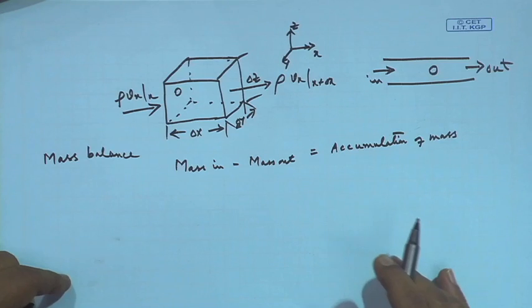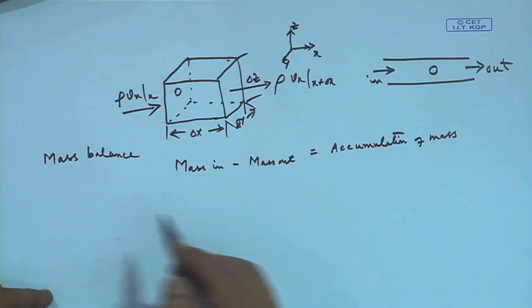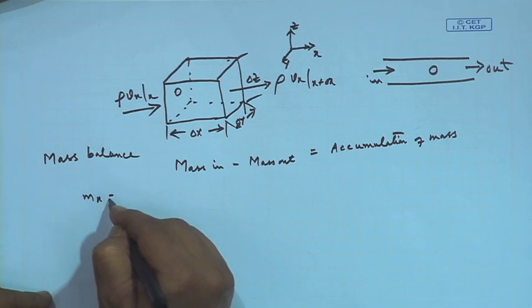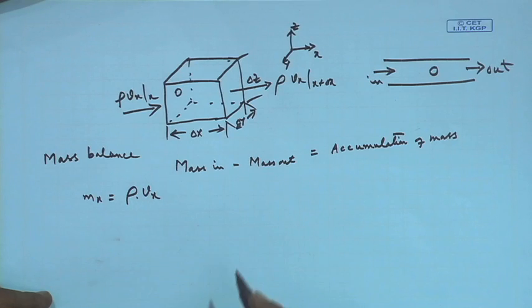Now, how much mass is getting in the x direction? If we call it mx, that equals rho times Vx, where rho is the density and Vx is the x component velocity.